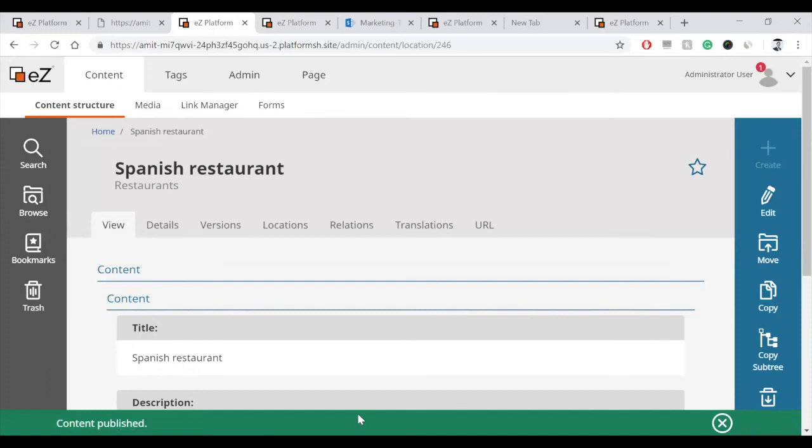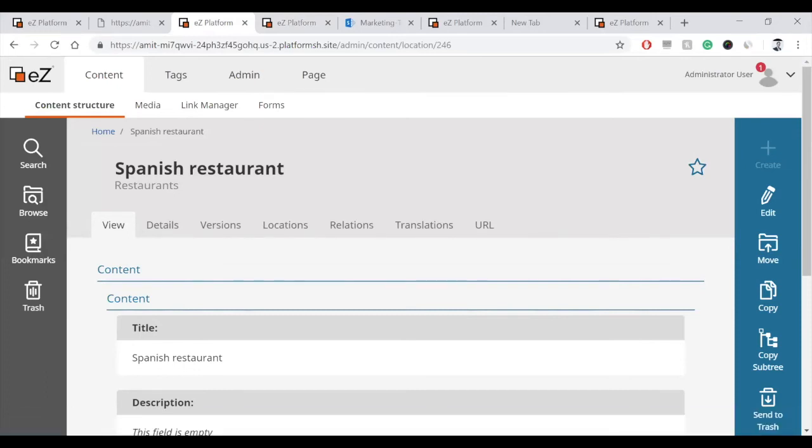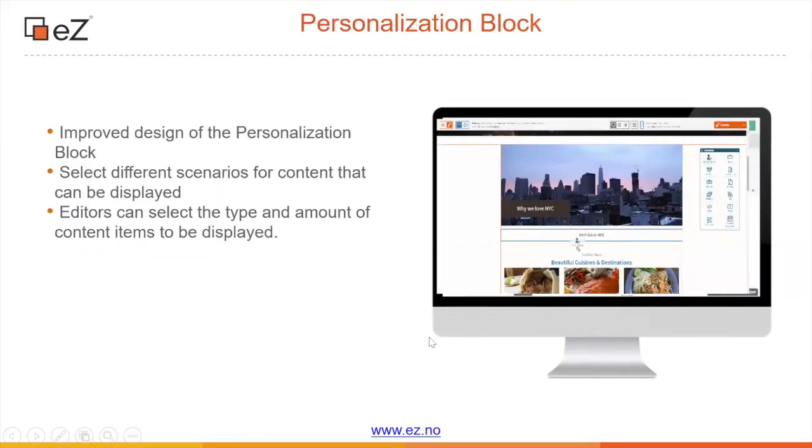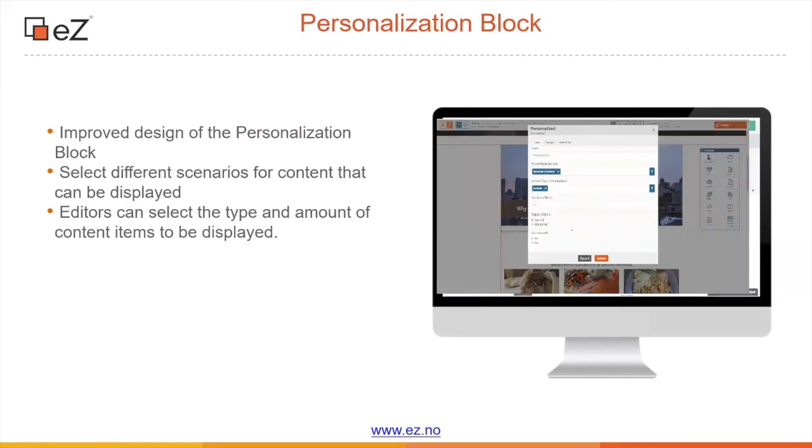The next feature that I would like to go over is the personalization block. Let me just switch to the side, I apologize. The personalization block is another feature that is making its return in 2.3 after not being included in the 2.2 release.